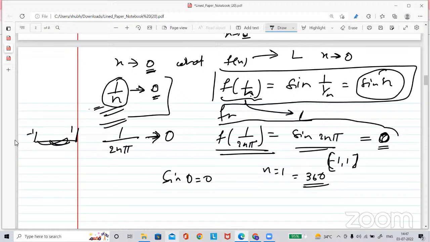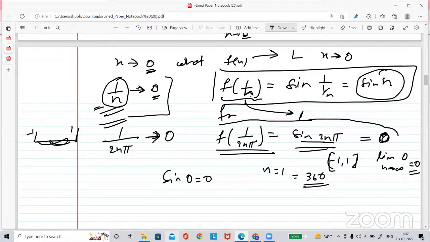First evaluate the value and then check for the limit. When you evaluate sine 2n pi, it gives 0, so the limit of 0 as n goes to infinity is 0. That's what it means.